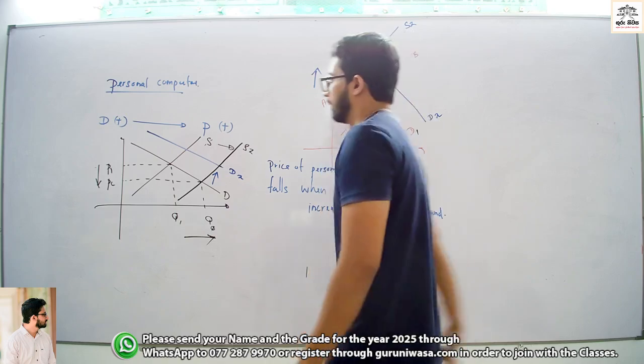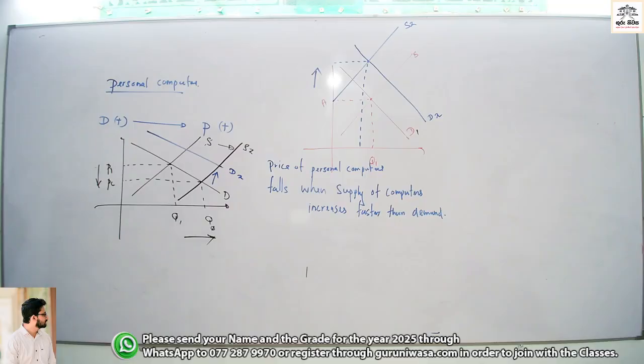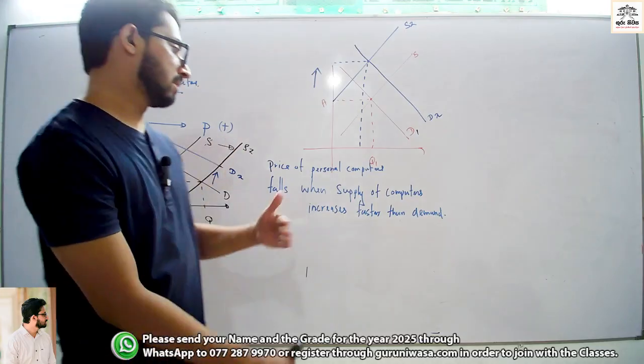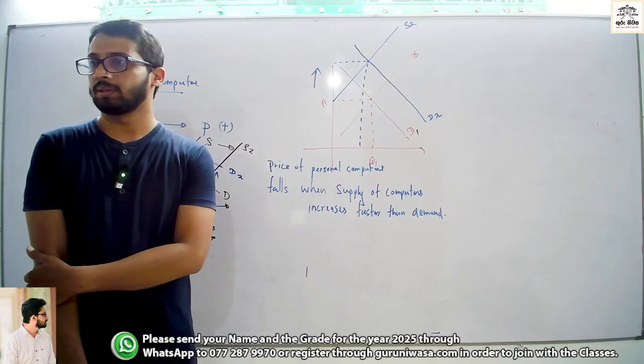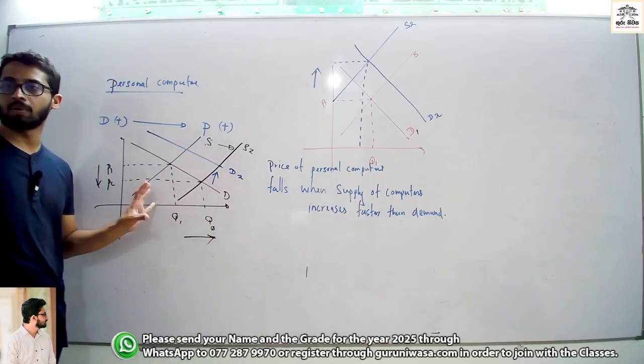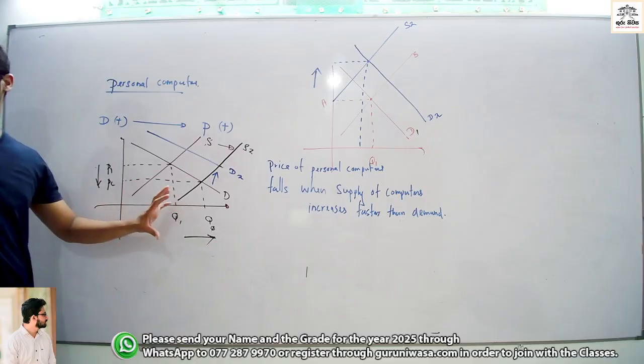Or we can say, Lamai, when supply increases by a greater percentage than demand, equilibrium price falls. Here the most important part of the answer is the diagram, Lamai, remember.